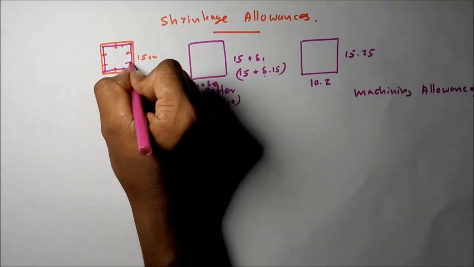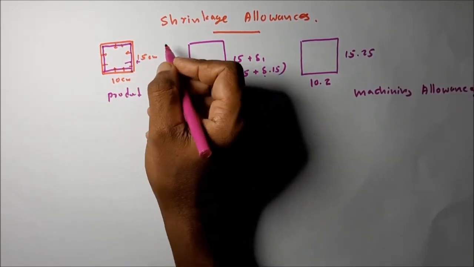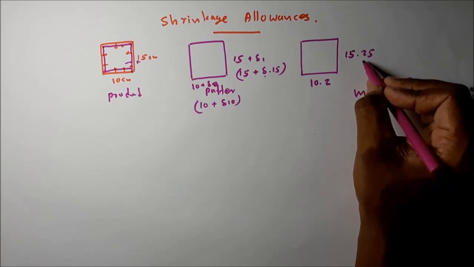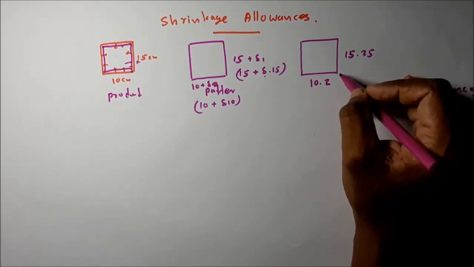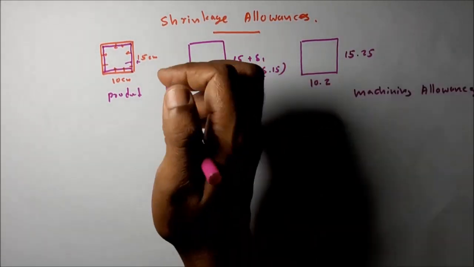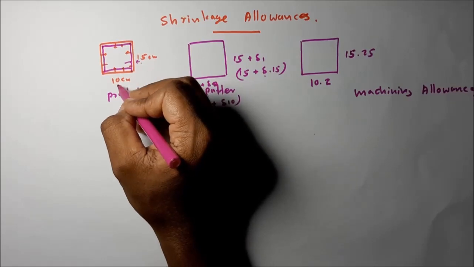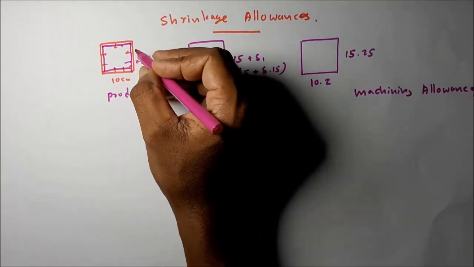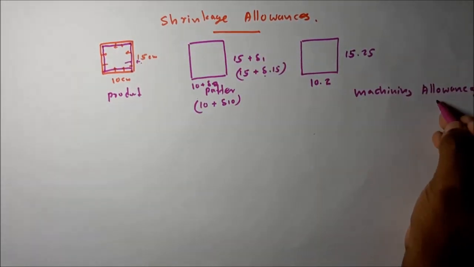We have to give a certain thickness to machine and remove, so when making the pattern we can't use these dimensions, because after shrinkage it gives 15 and 10 centimeter dimensions, but we want additional dimensions for the machining allowances.